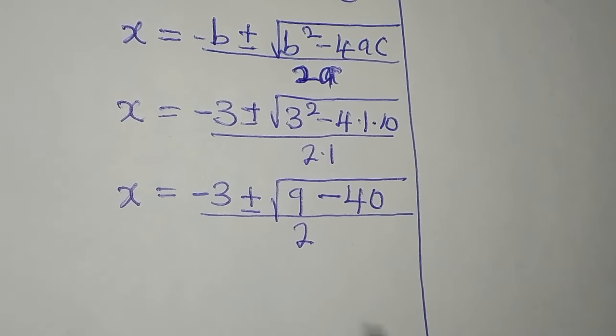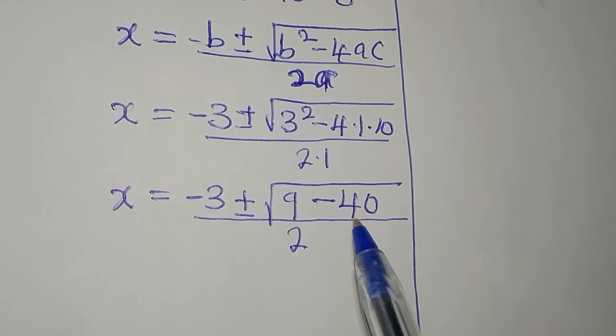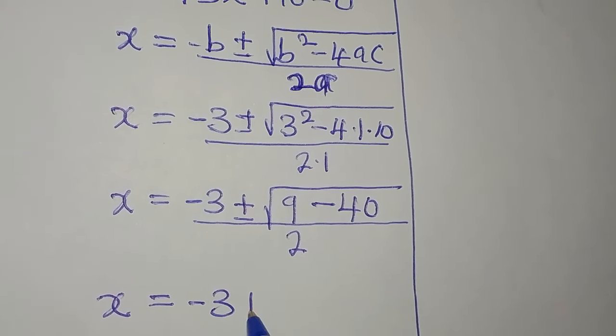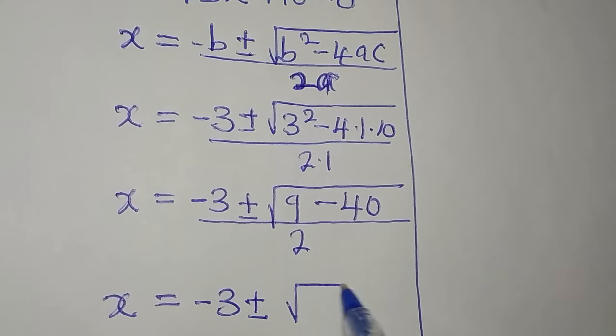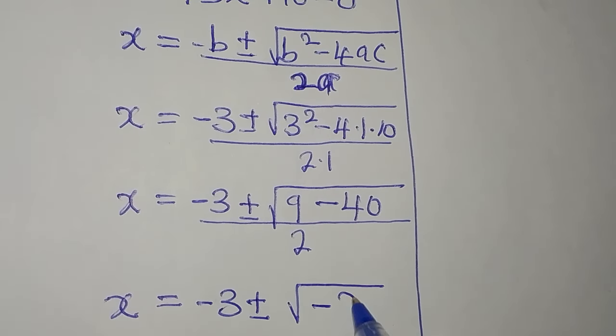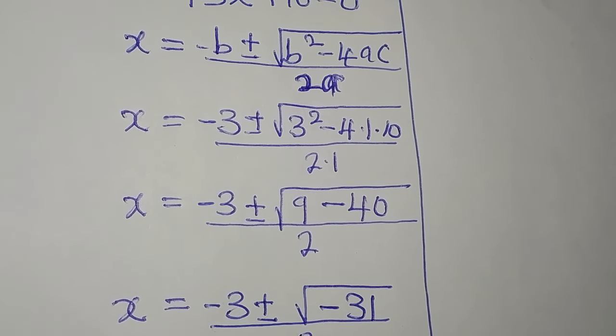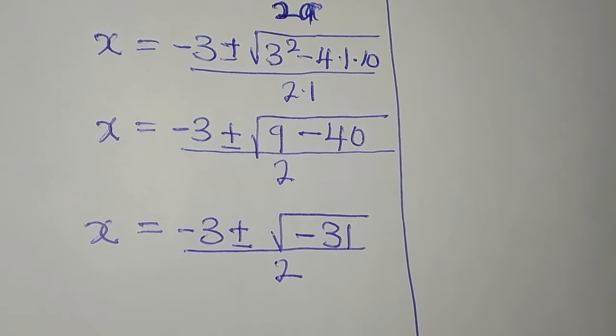Okay, so let's simplify what we have under the root, so that x is minus 3 plus or minus the square root of minus 31. This is all over 2. Okay, but there's something that I want us to do.